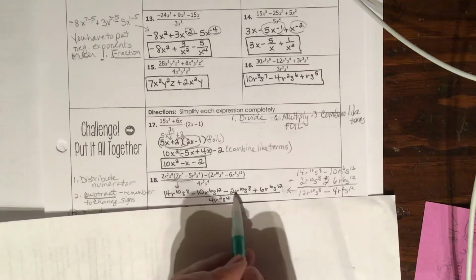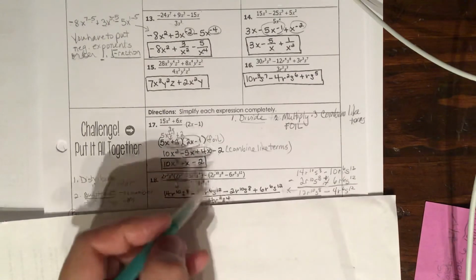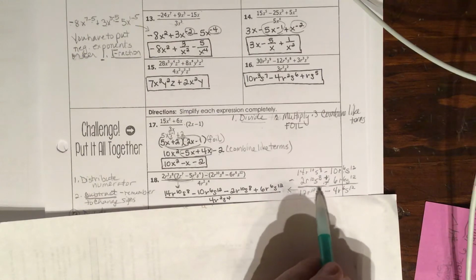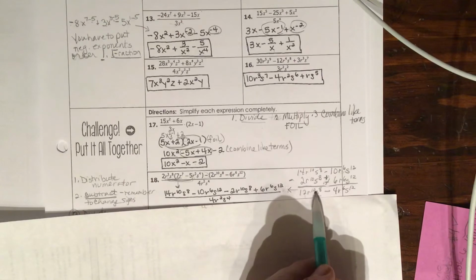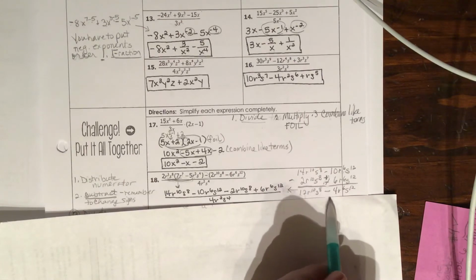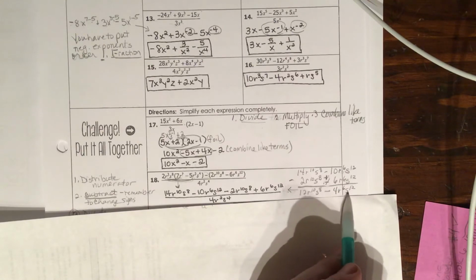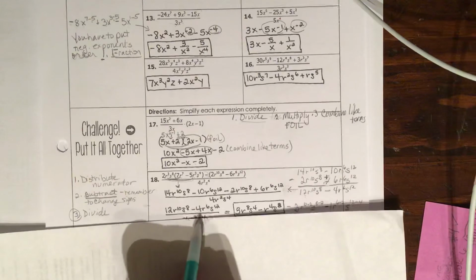Subtract, you're just going to rewrite that just like it is. Then you're going to subtract these, and I subtracted these over to the side. And remember, you change the sign, so it equals 12r to the 10th, s to the 8th. You can only add and subtract like terms. 4r to the 6th, s to the 12th. And so then you have that right here.